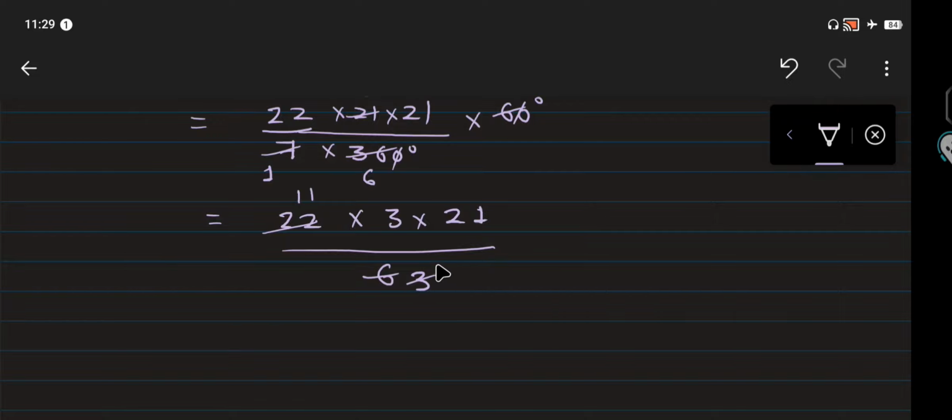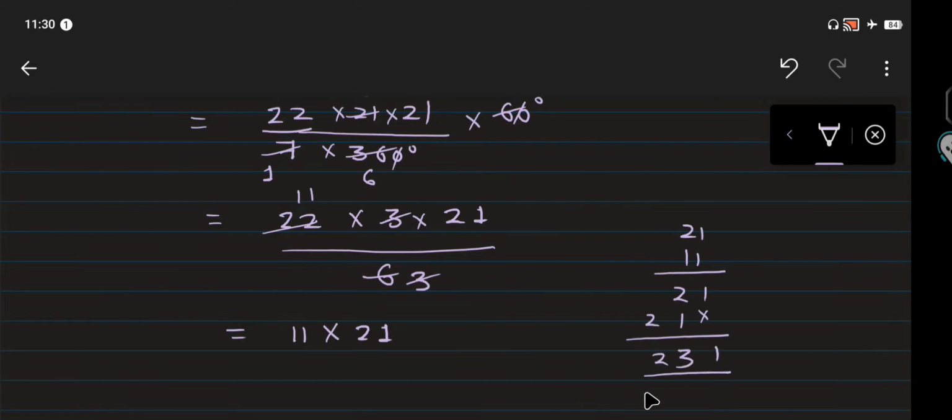Now again you can cut down this 3 and this 3. Now what remains? It is 11 and this 21. So if you multiply it, it will come 231.